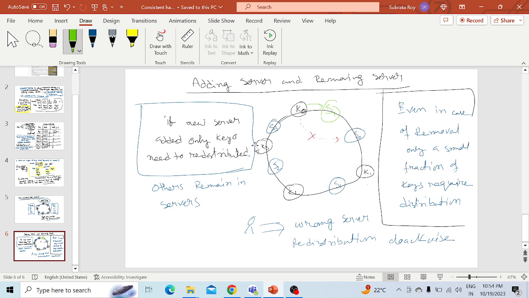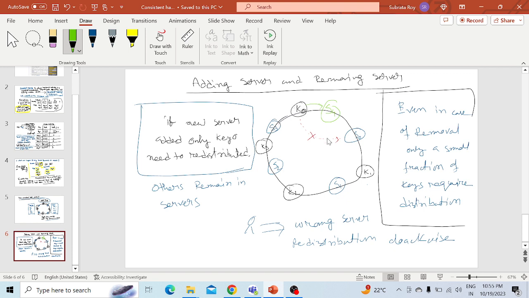The only redistribution I have to do is with K0. Similarly, if I want to add one more server, I do not have to worry about the other keys, K1, K2. I only have to worry about K0. So this is how consistent hashing works.